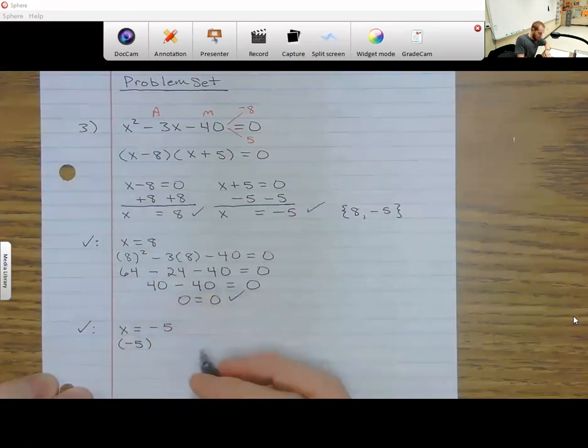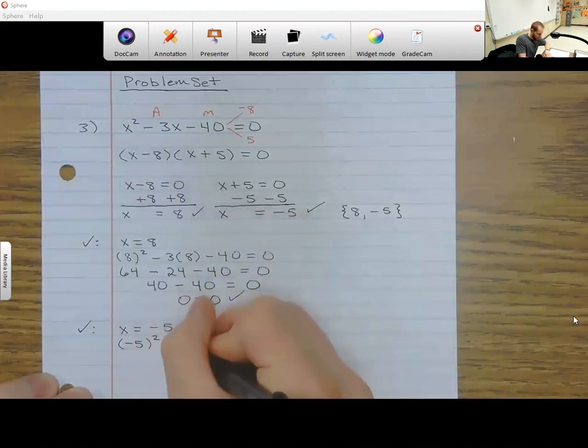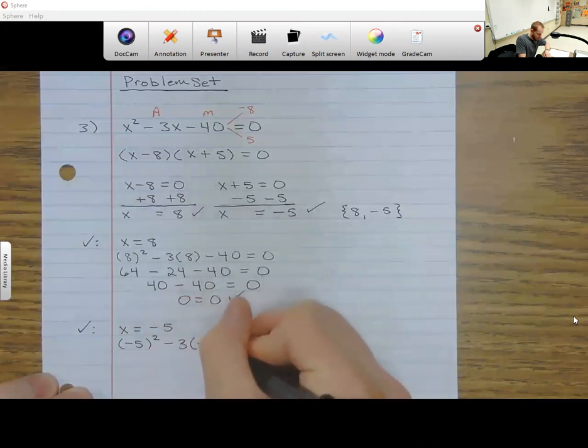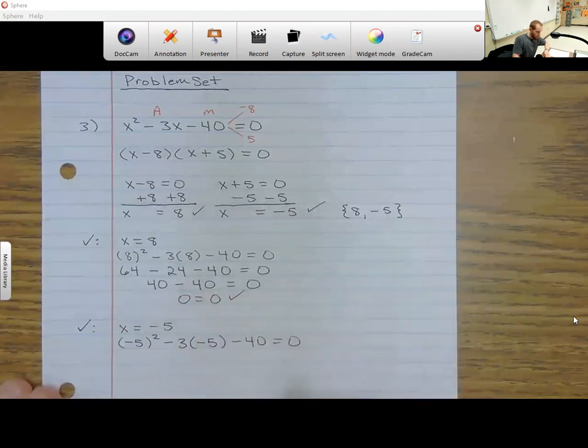So I get negative 5 squared, right? I got to square that x up here, minus 3 times negative 5 minus 40 equals 0. So everything has stayed the same, except x has just been replaced by negative 5, because I'm trying to see if negative 5 will work.